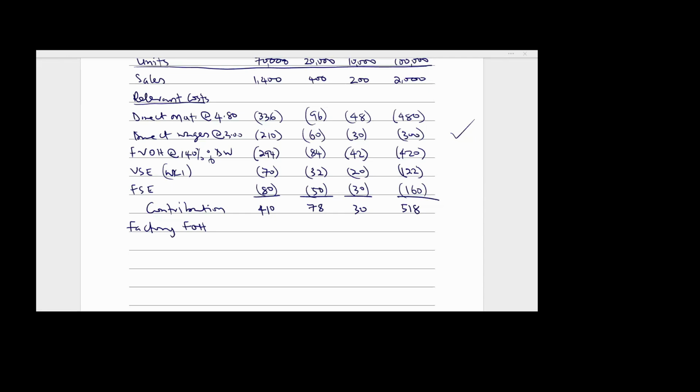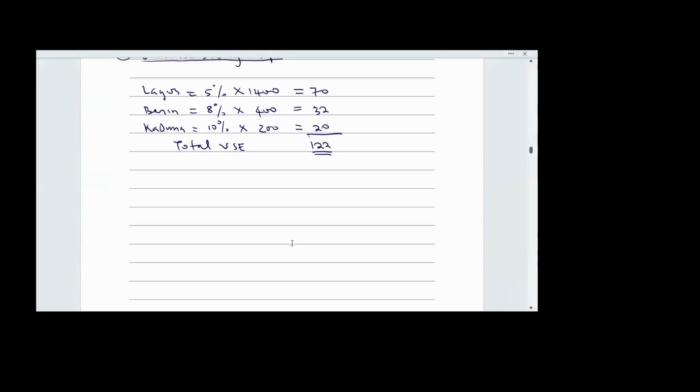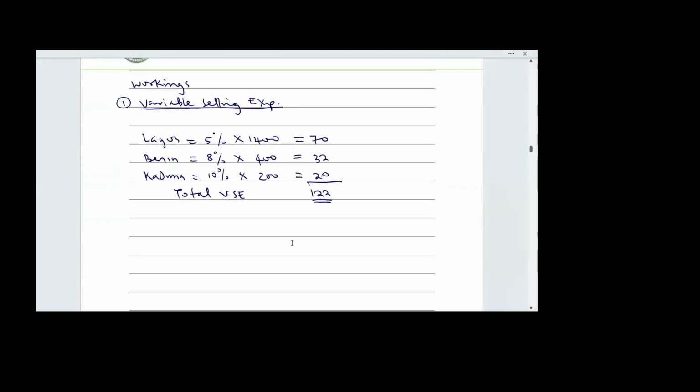So let's quickly go and do our working for that. Working number 2 now. When you talk about apportionment, it simply means distribution. You are distributing costs. You are sharing costs among several units within an organization. So factory fixed overhead apportionment.